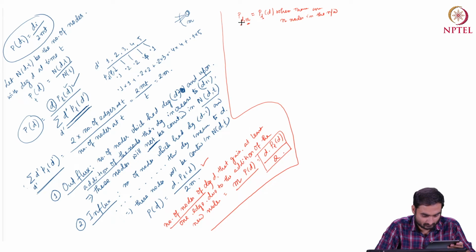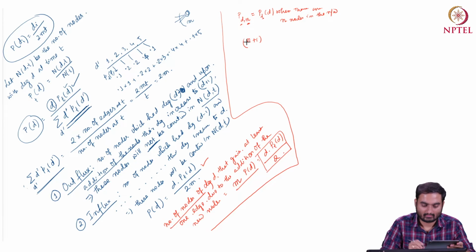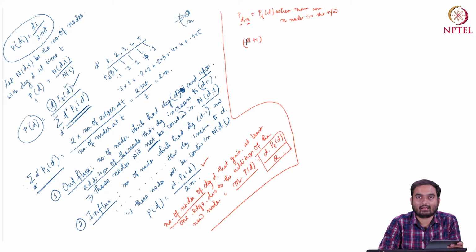Now let us try to understand the number of nodes with degree d at a particular time t. So when this new node comes in, what would happen? The number of nodes will become n plus 1.